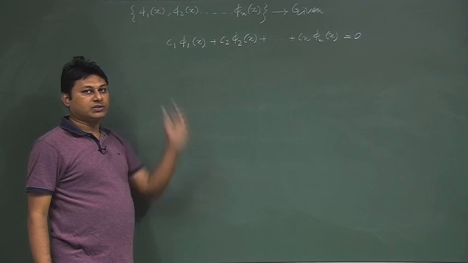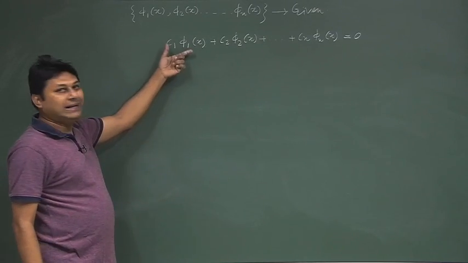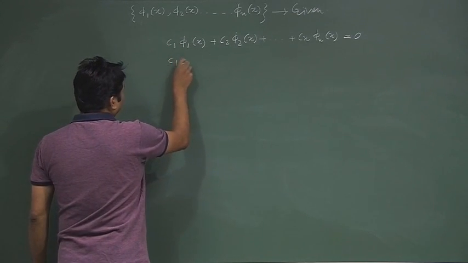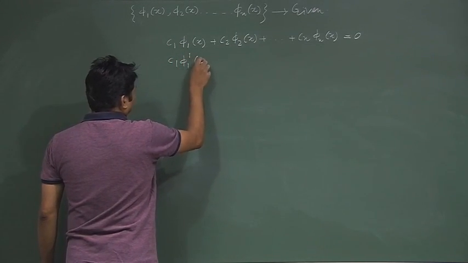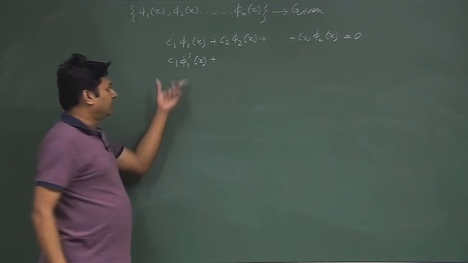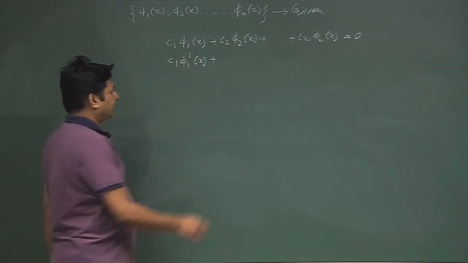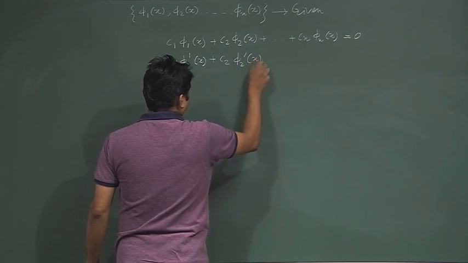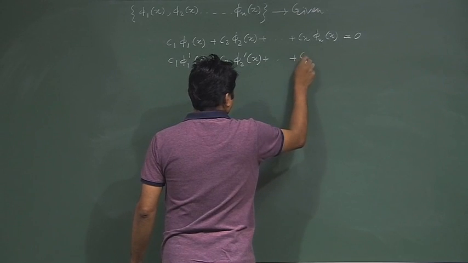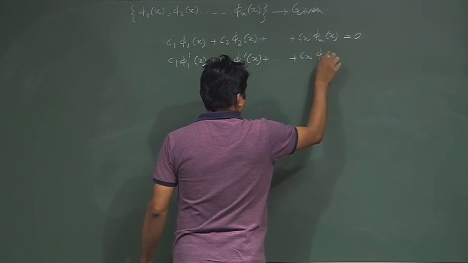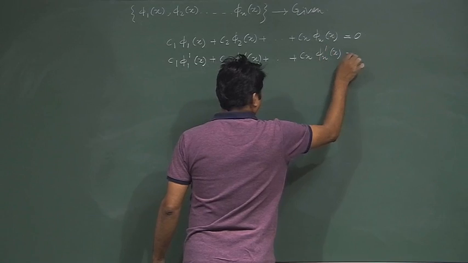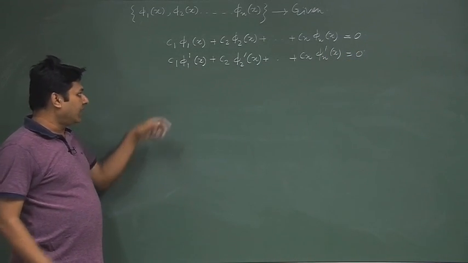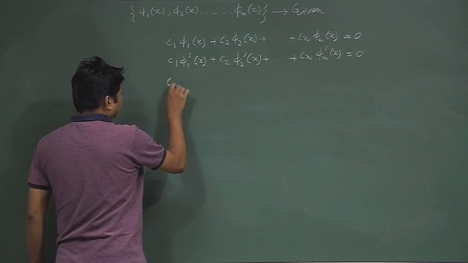Next what I will do, I will take a derivative of this equation on both sides. So, C1 phi 1 prime x plus C2 phi 2 prime x, derivative means the standard first derivative, there is nothing else. I have another equation, equation 2, in my hand. I will again do one more derivative.